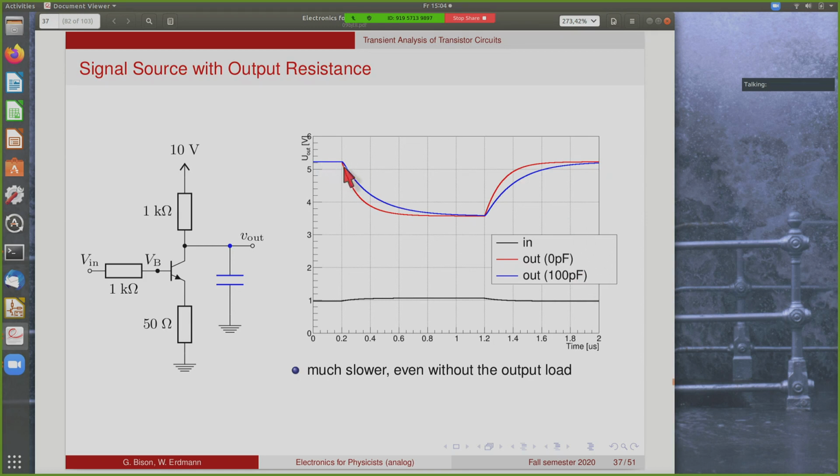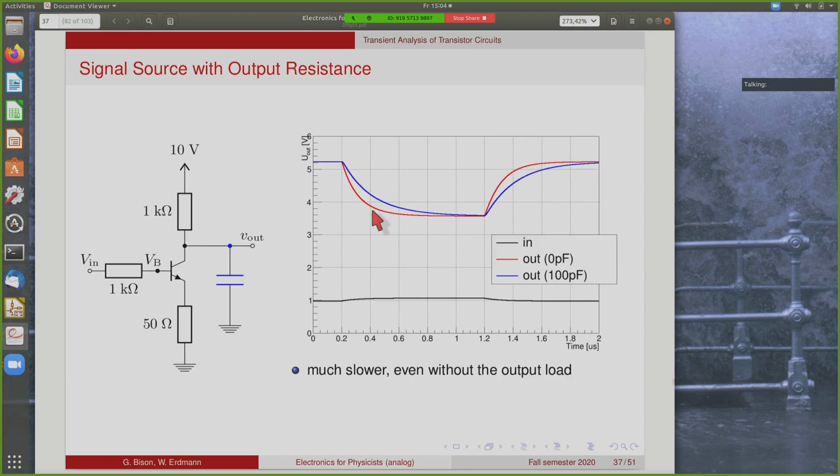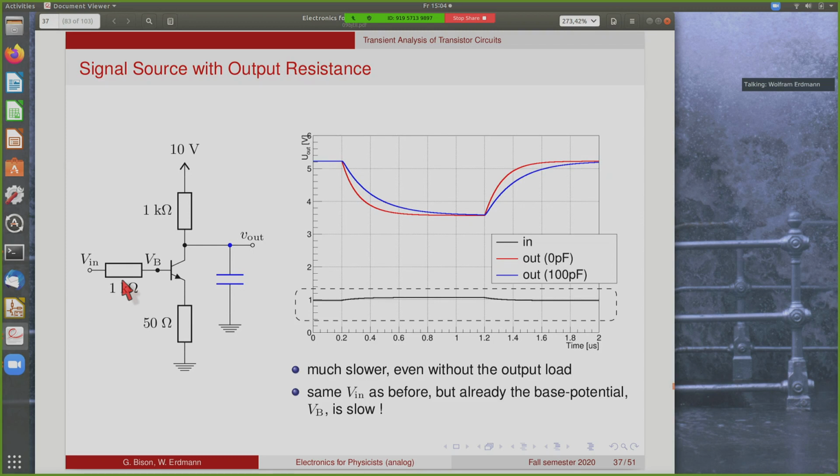But even the red curve without any load is already substantially slower than it was before. If you compare the red curve here with the red curve here, there's a huge difference. So the difference somehow comes from this resistor. And the question is why? Because we haven't really put any capacitance here that would cause such a slow time constant.